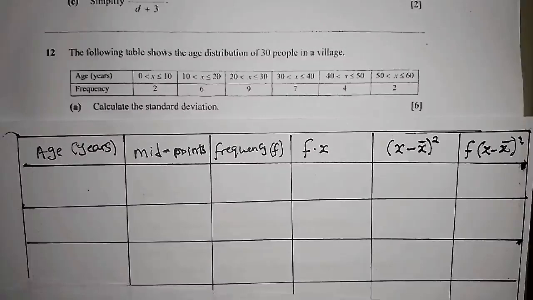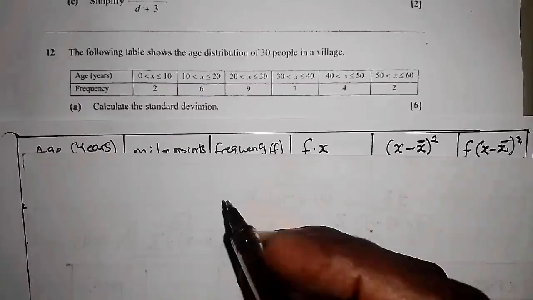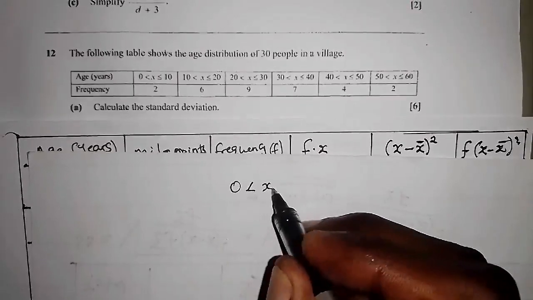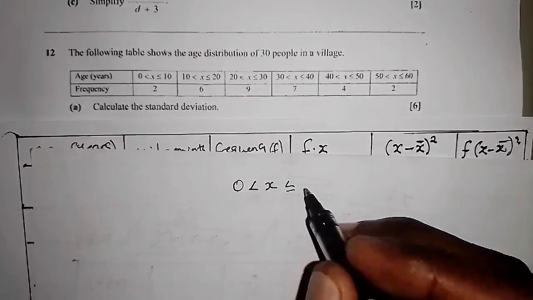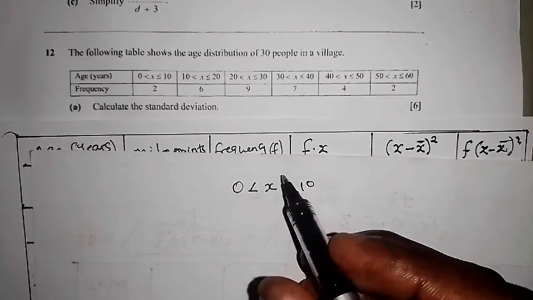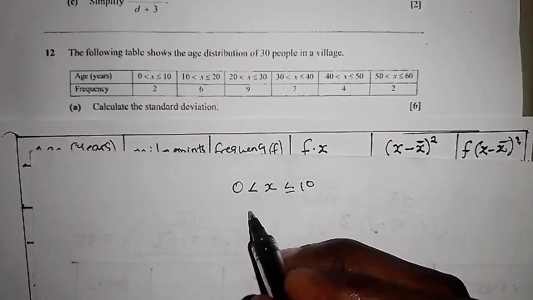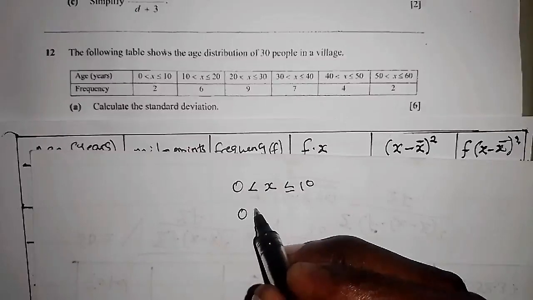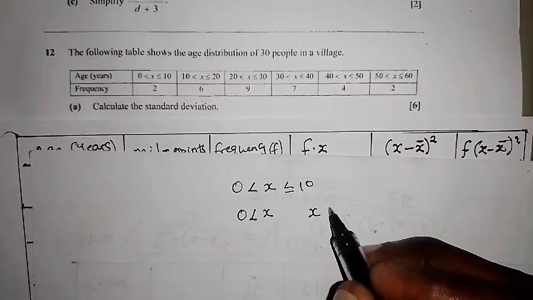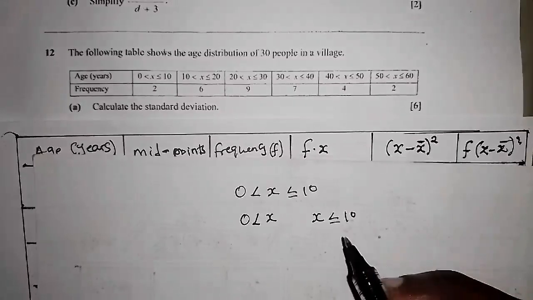You have to be very careful. When they say 0 is less than x, and x is less than or equal to 10, what we mean is it is a two-way thing. It is 0 less than x, and at the same time x is less than or equal to 10.